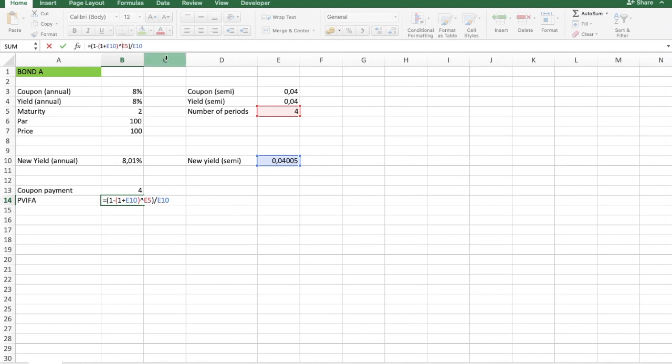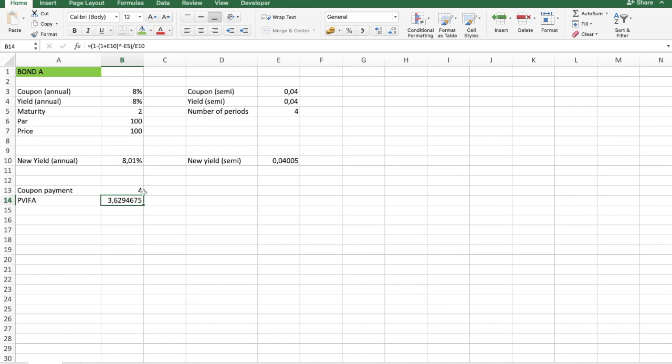Sorry, we should add a minus, so power minus number of periods. And this is the present value factor for an annuity of $1.